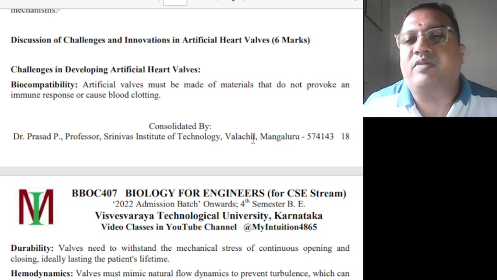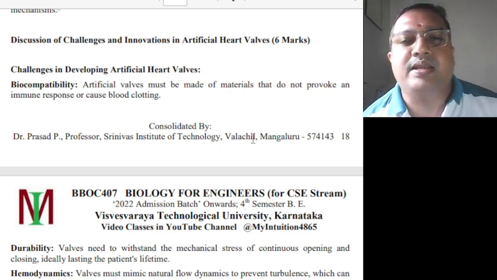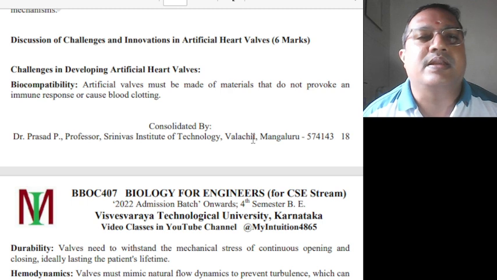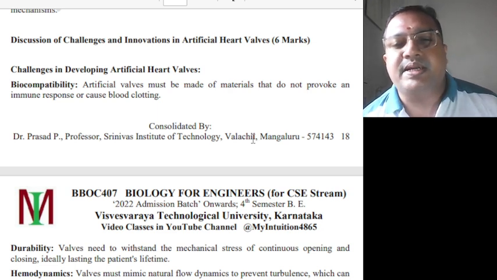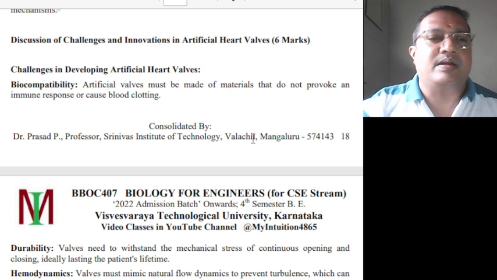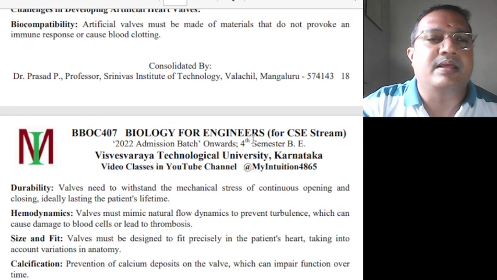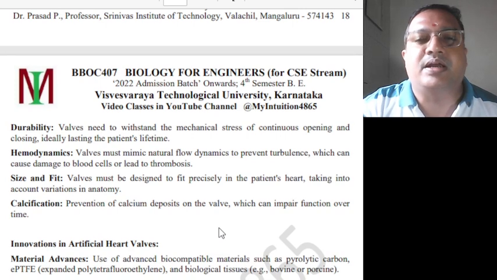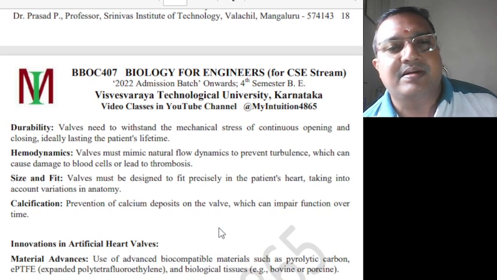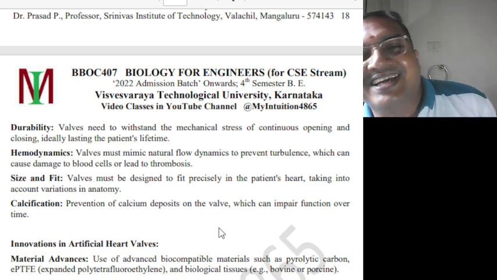Artificial valves must be made of material that does not provoke an immune response in our body, which will make the blood clot. The valves need to withstand mechanical stresses of continuous opening and closing, ideally lasting the patient's lifetime. Okay, till the patient dies, the valve should work.